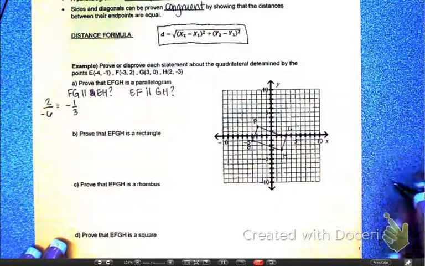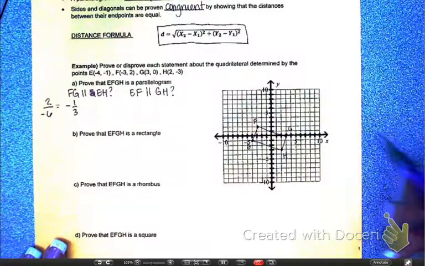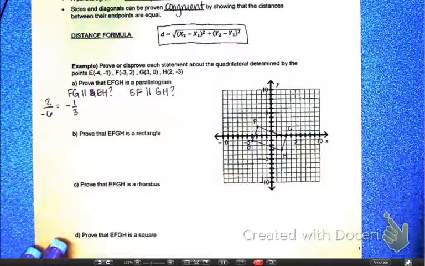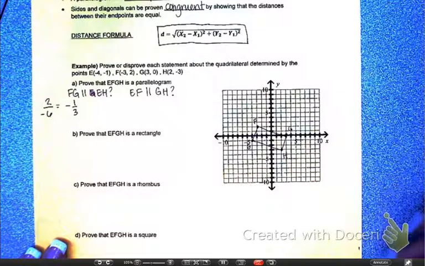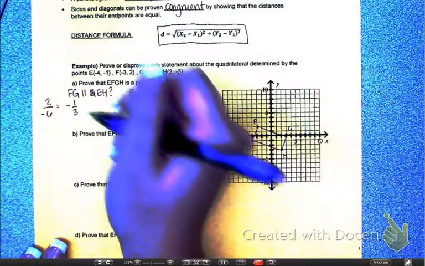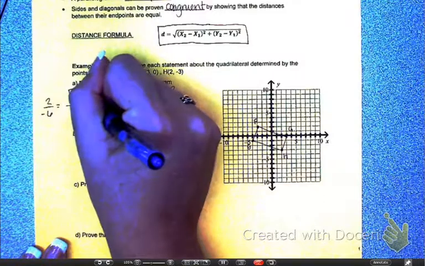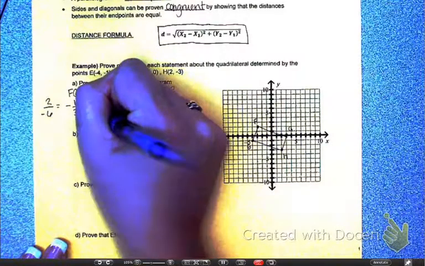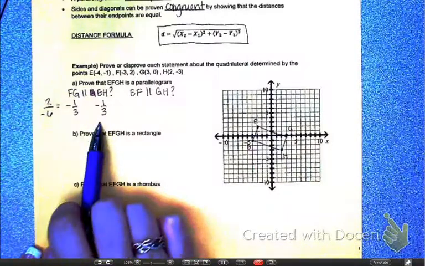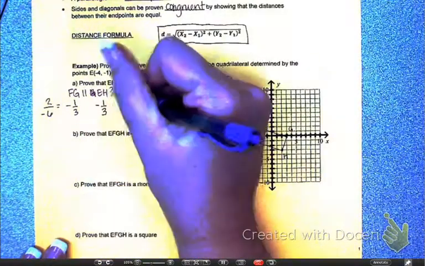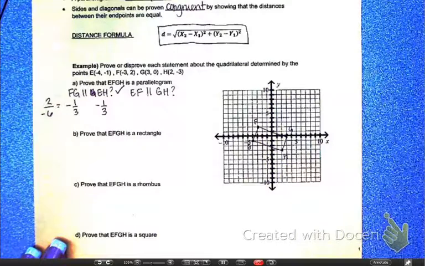Are we all okay with that? Okay. Someone else, what is the slope of EH? Negative 2 over 6, which is the same as negative 1 over 3, right? Are these two sides parallel? Yes, they have the same slope. Okay, so far so good.